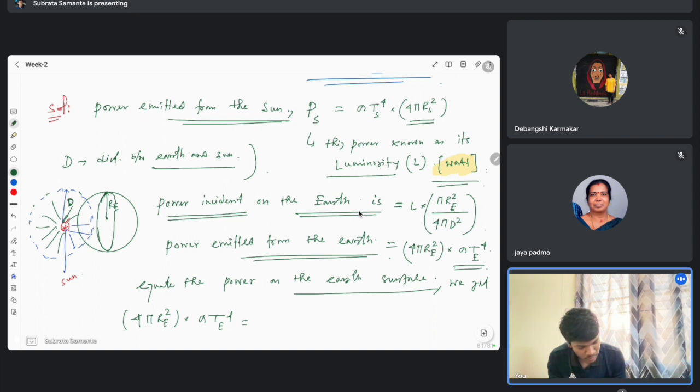We know that the luminosity is sigma T s to the power 4 times 4 pi r s square, times pi r e square by 4 pi d square.